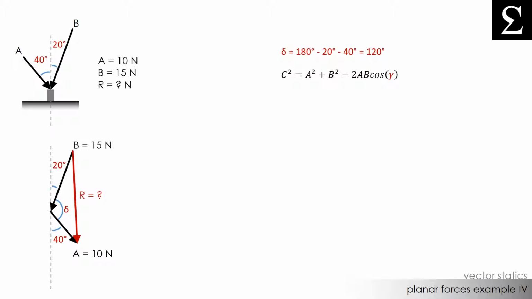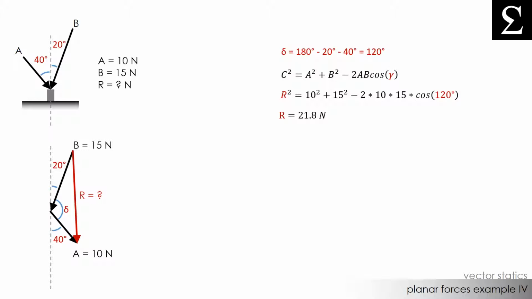We can use the law of cosines to calculate the magnitude of vector R. We can write R squared is equal to the square of 10 plus the square of 15 minus 2 times 10 times 15 times the cosine of delta, which is 120 degrees. If we solve this out, we get that R is equal to 21.8 newtons.